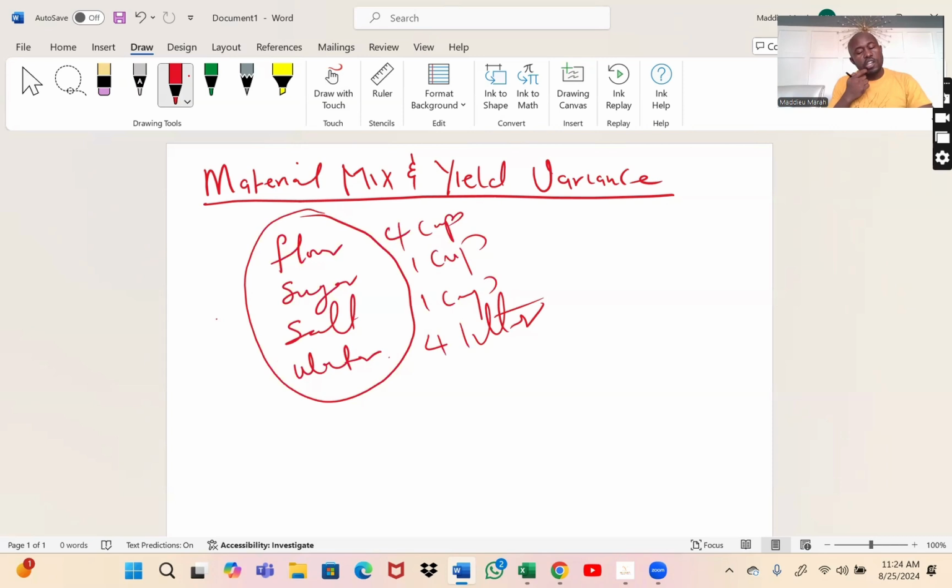In summary, mix and yield variance is telling us about the quantity of material, the combination of material we use. Now, what's the meaning of adverse mix variance? Adverse mix variance indicates that expensive material was input more and cheaper material was input less. Of course, we'll have adverse variance, negative variance.